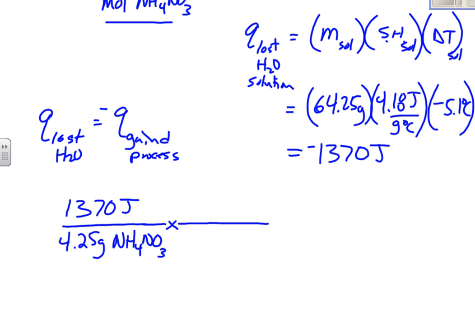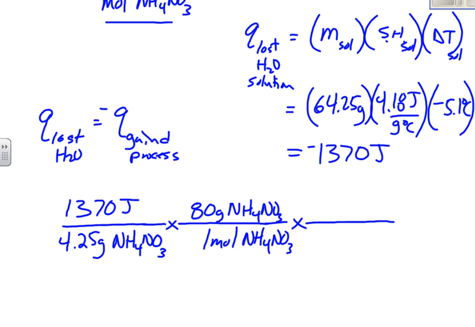Now to get this into kilojoules per mole, we would convert the grams to moles. So we have 80 grams of NH4NO3, ammonium nitrate, per 1 mole of ammonium nitrate, and 1,000 joules to 1 kilojoule.